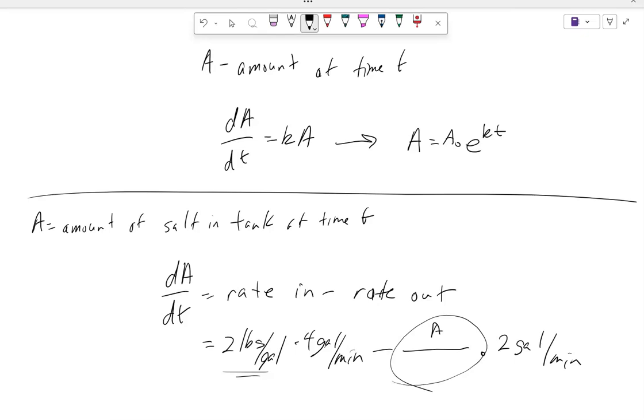Is the amount of stuff in the tank constant? No. Stuff is coming in faster than stuff is going out, right? So I'm going to have an expression that's going to have a t in it, in the denominator, right? Because the amount of stuff in the tank is changing as time goes on, right?